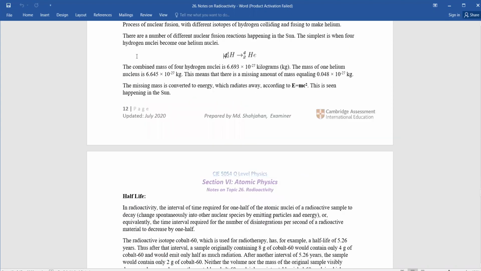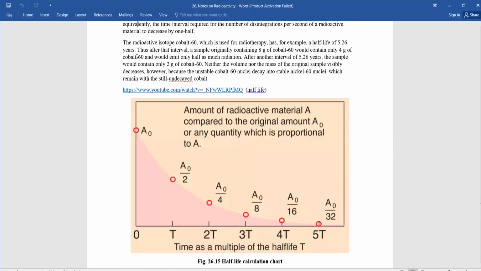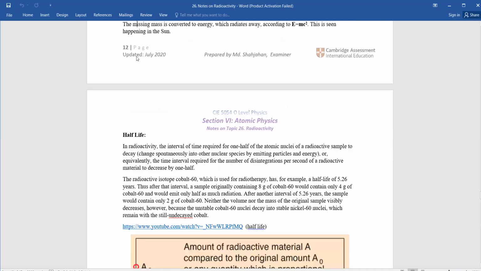Here is half-life. So half-life means it is the time. It is related to time. It is the time required for the radioactivity of a sample to become half.